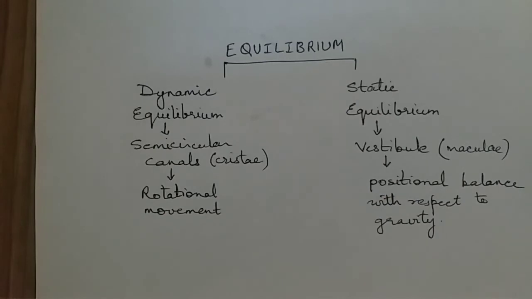In the vestibule, there are sensory cells called macula, which send the message to the brain. It is also known as positional balance with respect to gravity. For example, if you are going in a lift and you suddenly move up in the vertical plane or suddenly move down in the vertical plane, you feel uneasy. It is because of this static equilibrium.